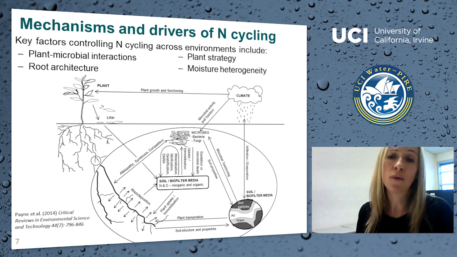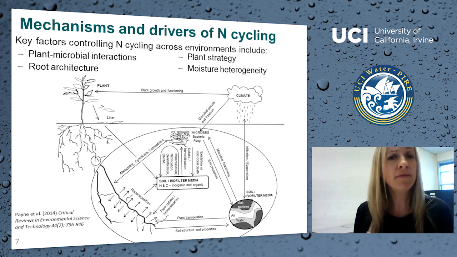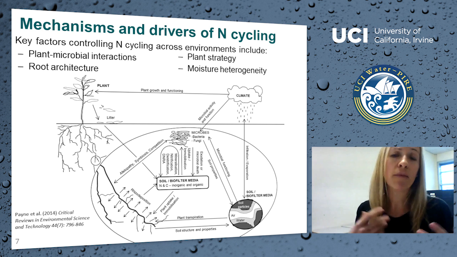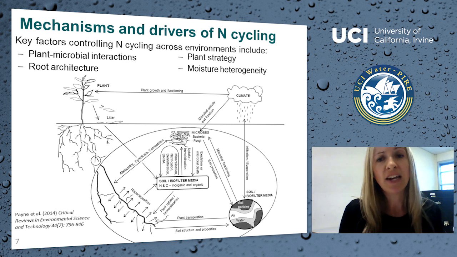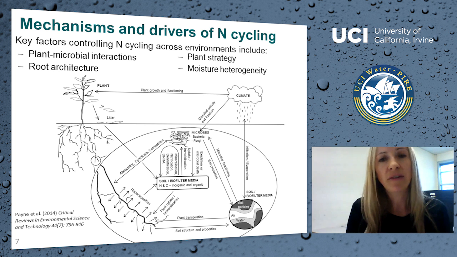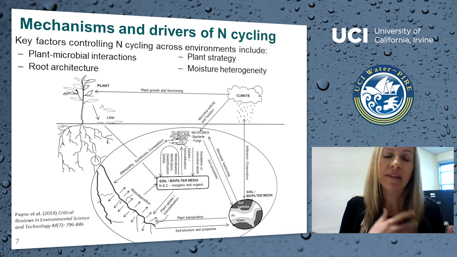Plant strategy is also a factor that can influence the way different plant species will interact with nitrogen cycling. So different species will vary in their biomass allocation, their composition of tissues, and also in terms of the strategy they employ in terms of their investment of resources. So different species might employ a strategy of slow growth where they construct tissues that are robust, heavily defended, relatively dense tissues that tend to be longer lived, but they'll be slow growing.